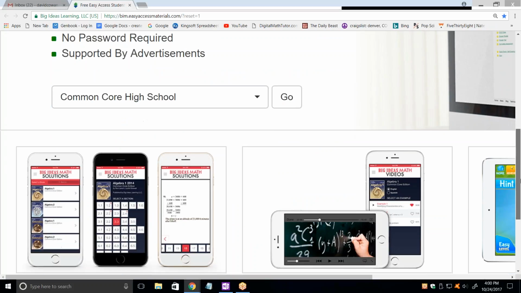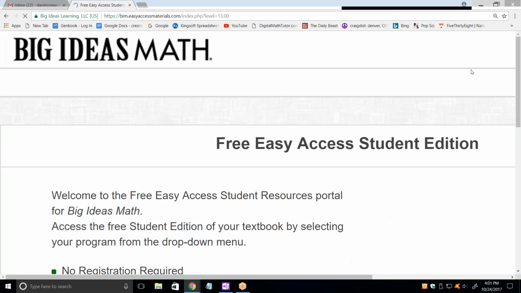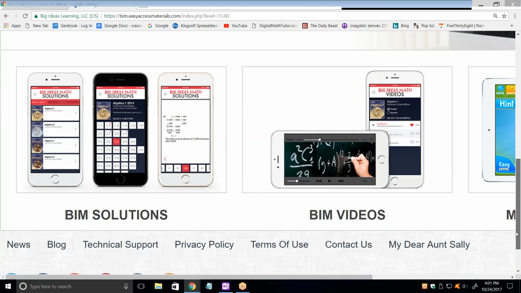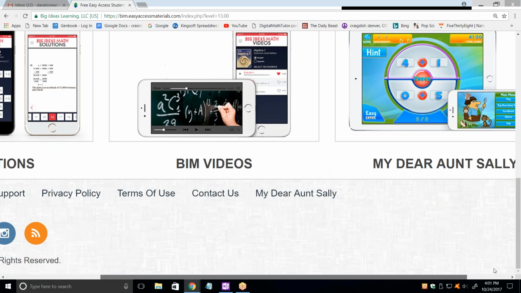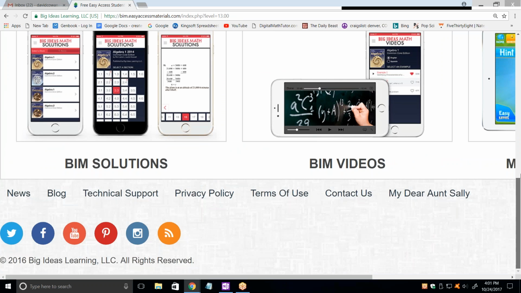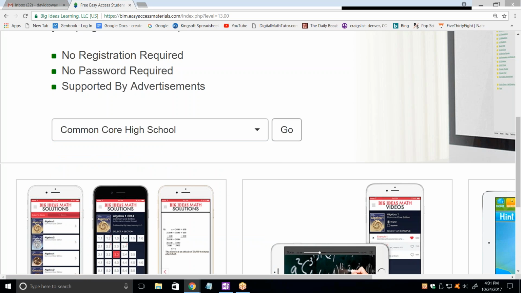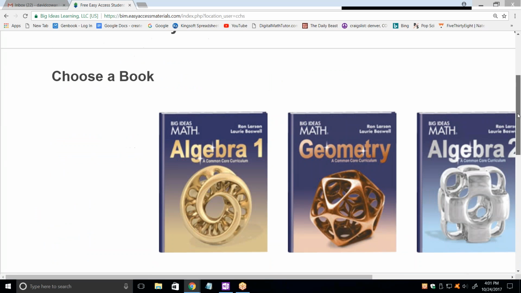Yes. And I want to go to Algebra 2. Yep. Whoops, it looks like I went backwards. Let's try it again. I don't know why it does that.